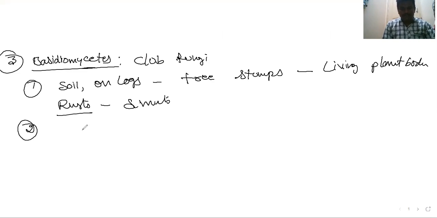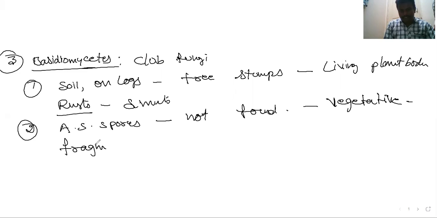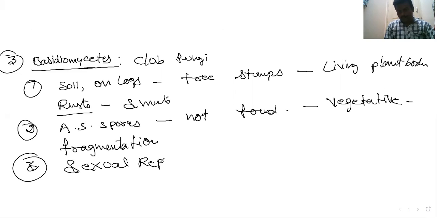Asexual spores are generally not found in basidiomycetes, but vegetative reproduction takes place by fragmentation. Next, sexual reproduction takes place by the fusion of different strains of haploid mycelium.